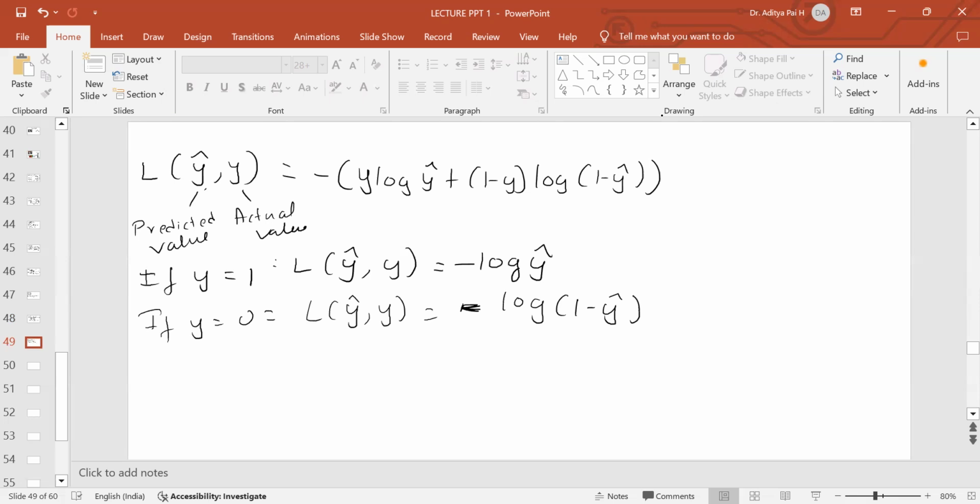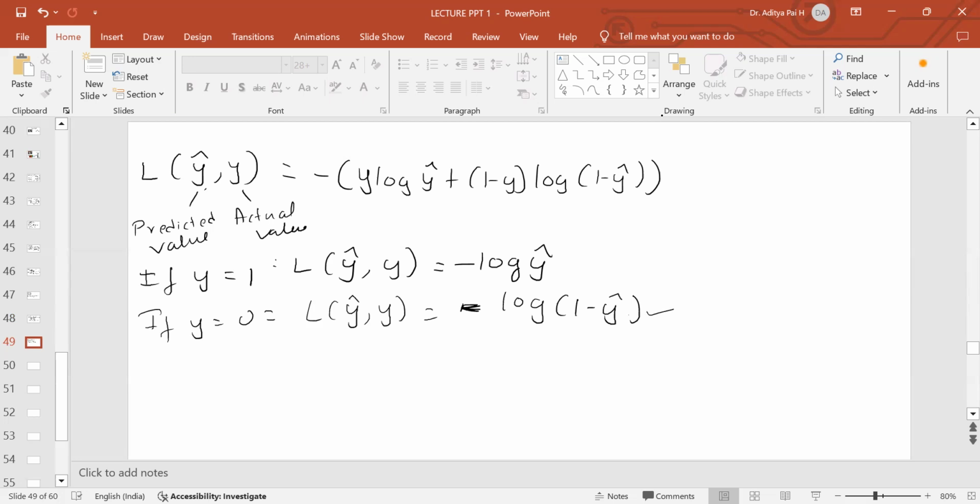So for this, you can say that log y hat should be large, so y hat should be large. And for the other case, log (1 minus y hat) needs to be large.